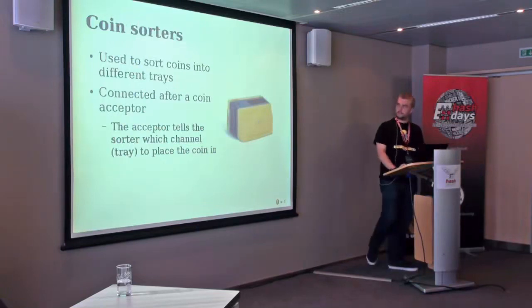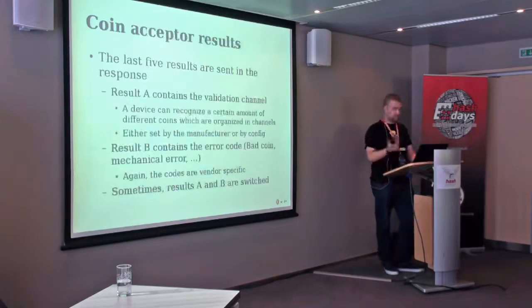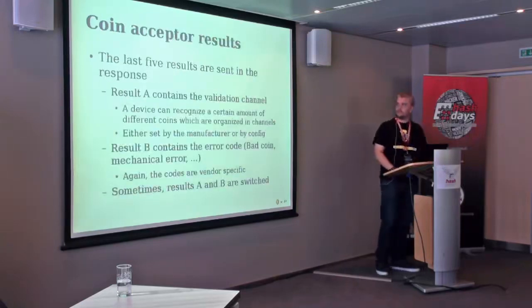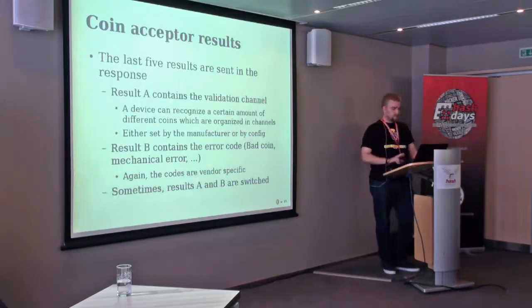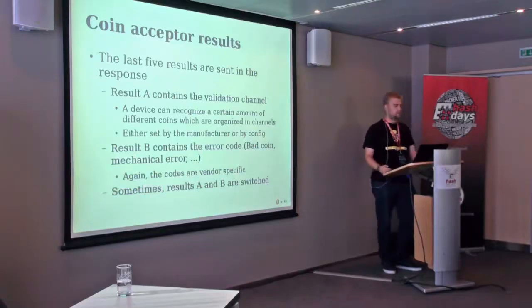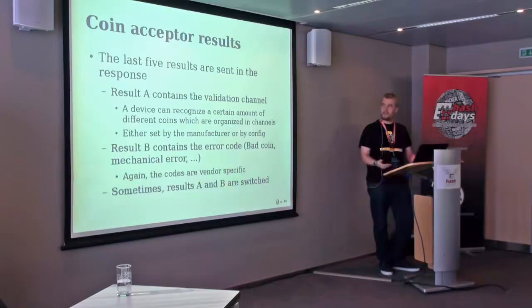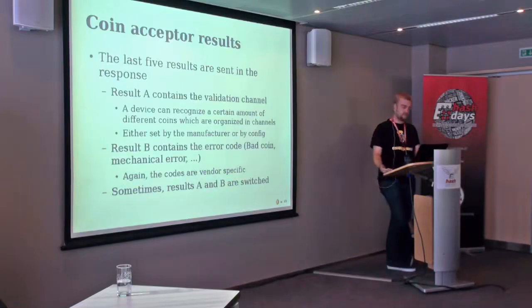Using this coin sorter, again, the coin is placed in different trays, and you will get this information using the result B. The problem is that sometimes result A and result B are switched. So for some vendors of coin acceptors, the first byte contains the error code, and the second one contains the actual value, the actual channel. So you have to look at the datasheet to be sure how your coin acceptor works.